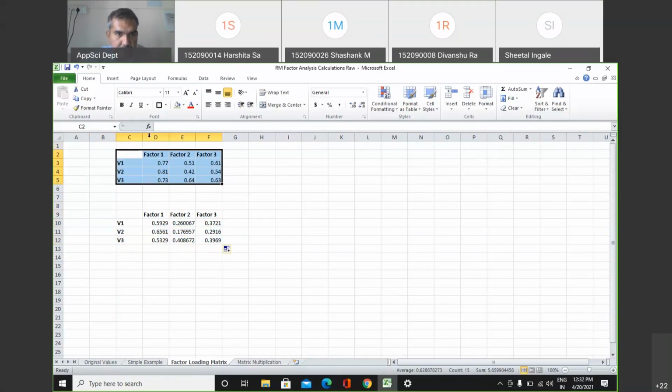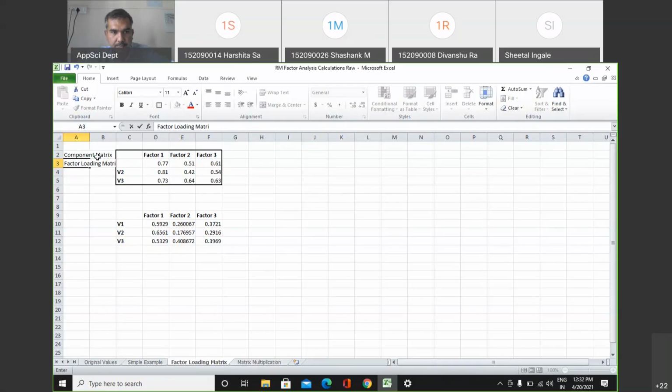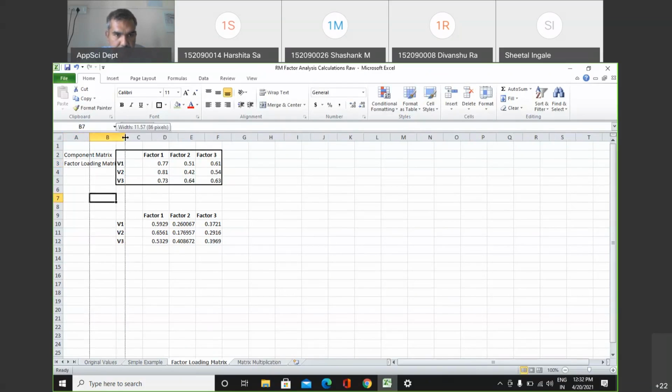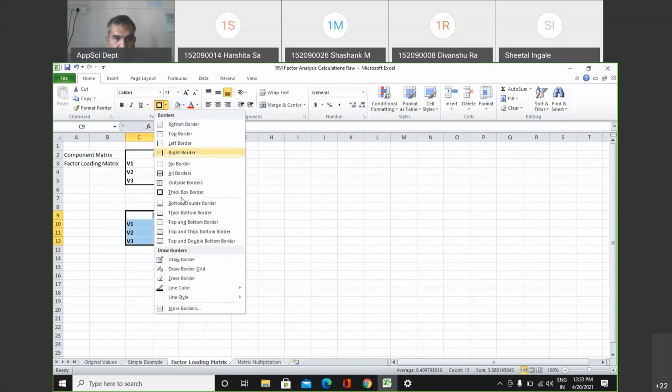Upper one is called factor loading matrix or component matrix. In many softwares, you will see it as component matrix. Factor loading matrix. This is an important step, but we don't use it directly to find the other things. So we square it and we call this new matrix by a different name.